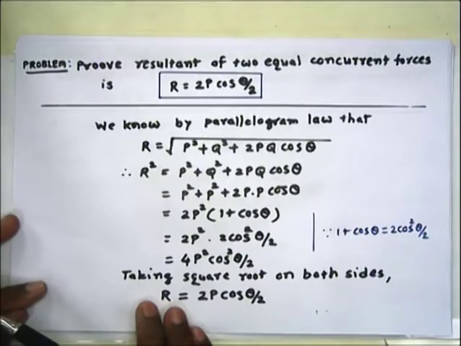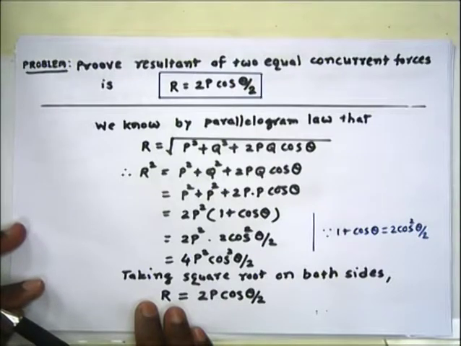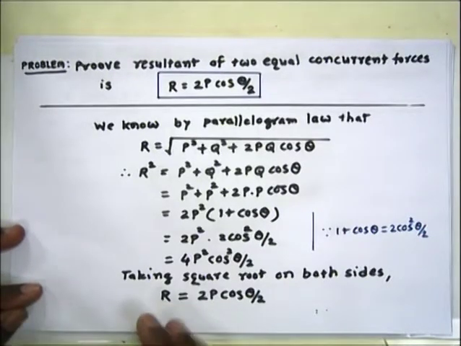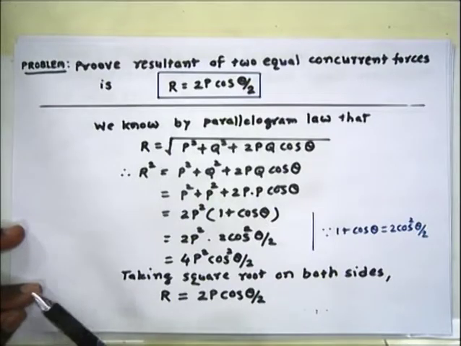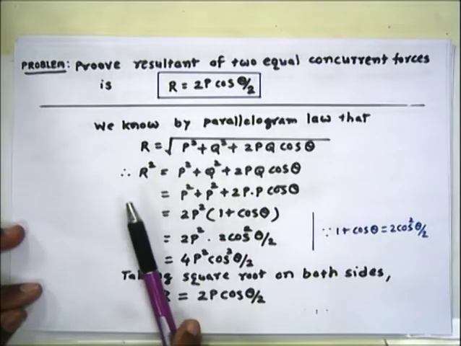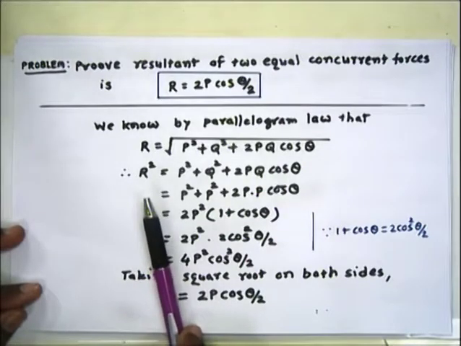Now suppose on parallelogram law you are asked to solve a problem like this. It is given: prove that the resultant of two equal concurrent forces, that is R, is equal to 2P cos theta by 2. So to prove this, what to do? It is a case of two equal concurrent forces.